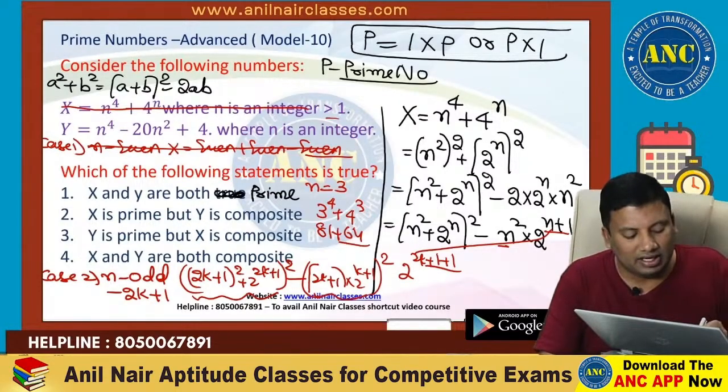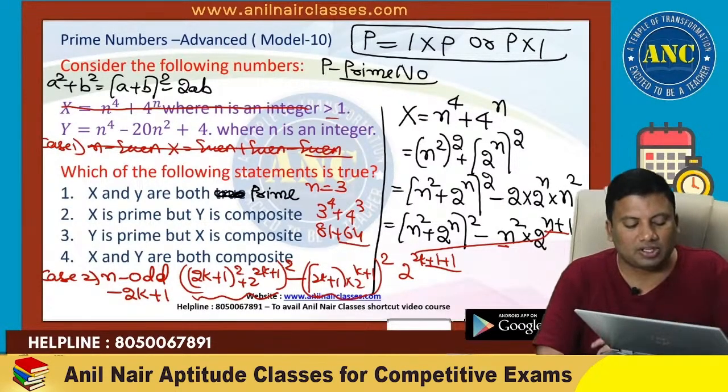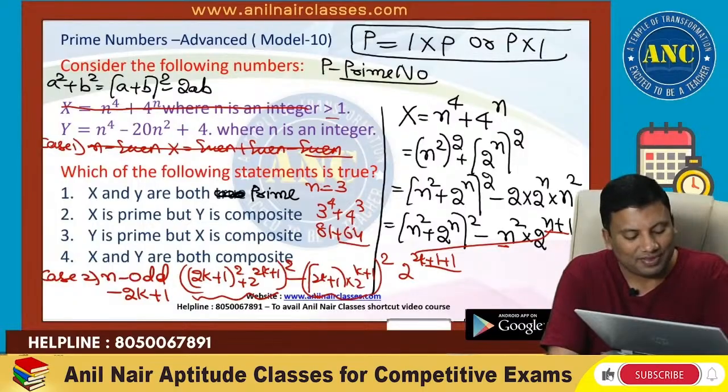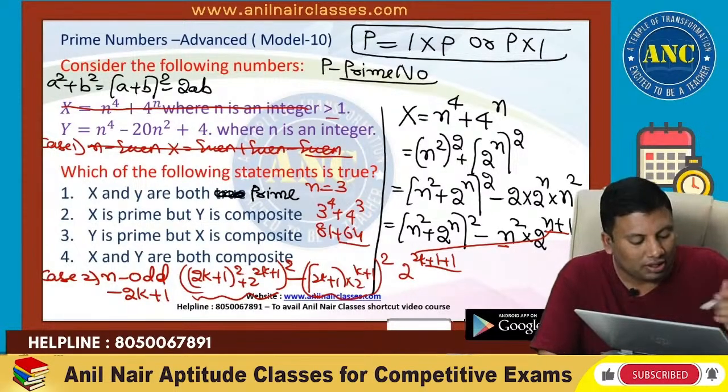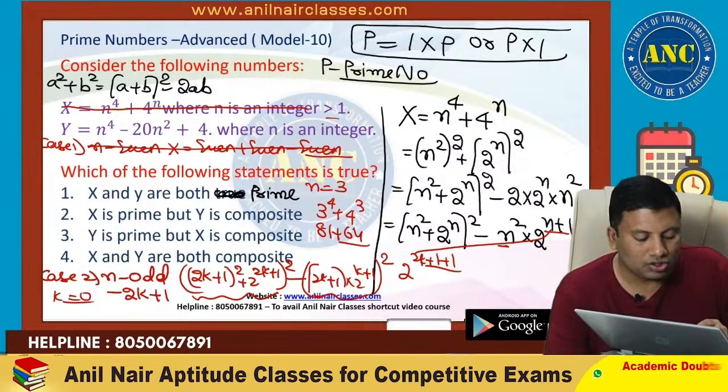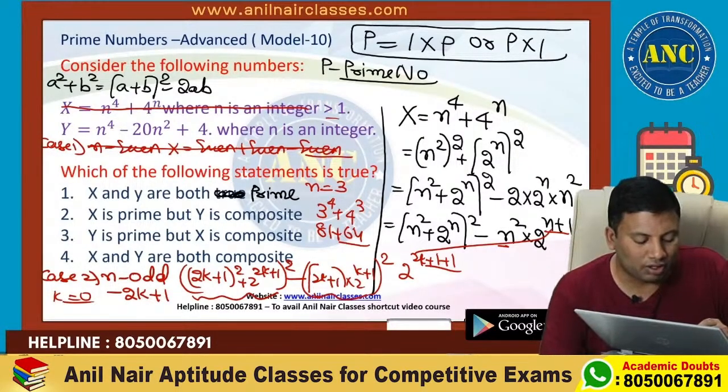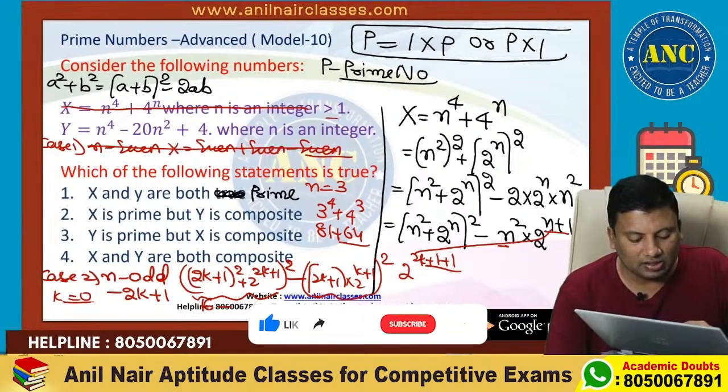None of them, it is a square minus b square, (a plus b) into (a minus b). Even if you take k value 0, you are not getting 1. Put k value 0, these is nothing but 2 square, 2 square is 4, 4 square 16 minus, for k value 0, it is 1 into minus 2 square, 4.